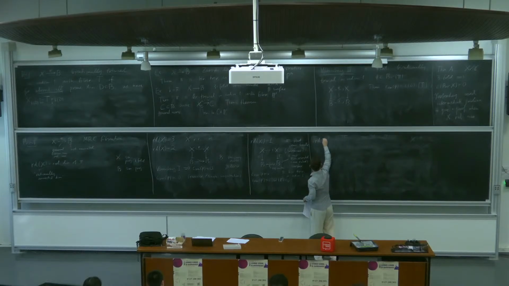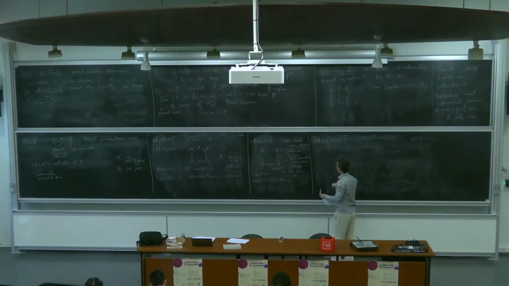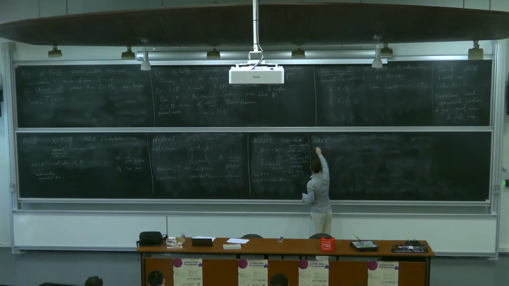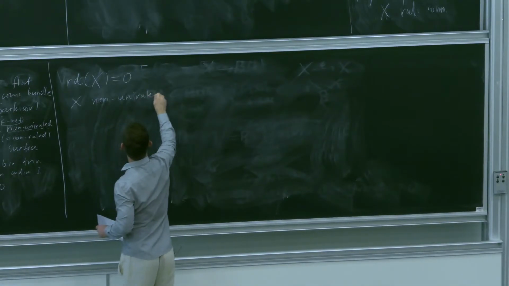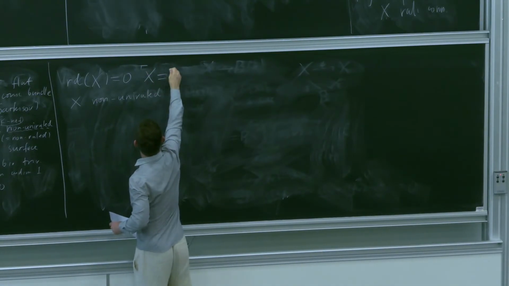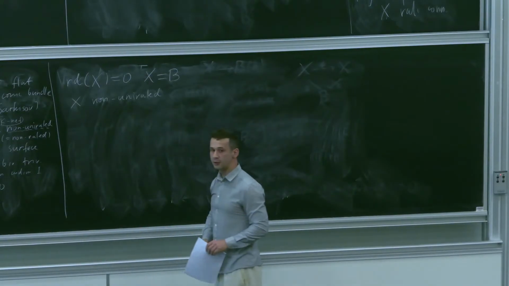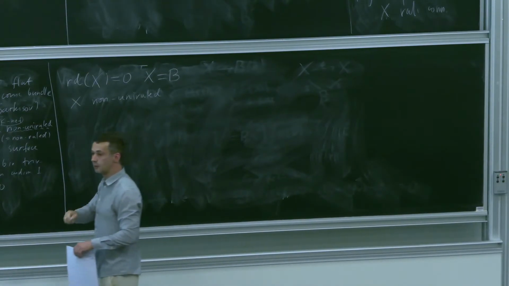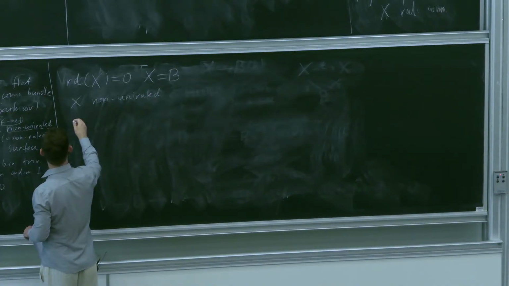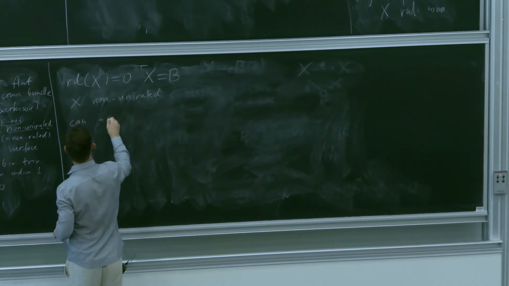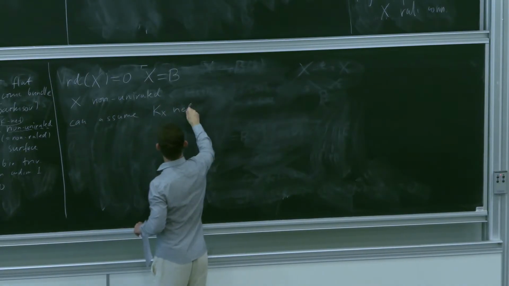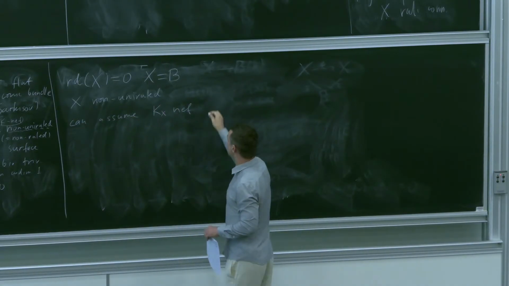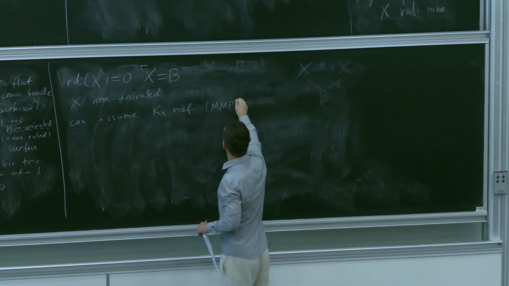It's rationally connected dimension 0. So X is non-uniruled, so basically X equals B. X non-uniruled, right? And again, we can replace it by KNF using MMP. This is some kind of MMP result.